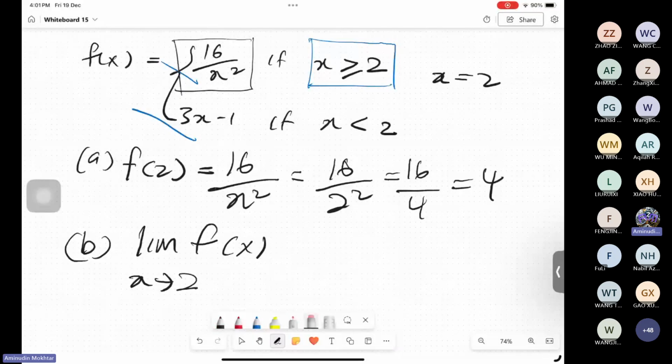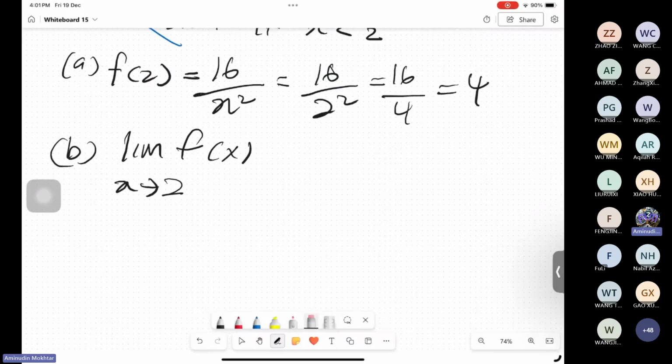Before that, please remember this. When we find a limit, in this case, we need to find the left hand limit and the right hand limit. First, the right hand limit: the limit of f(x) when x approaches 2 from the right.